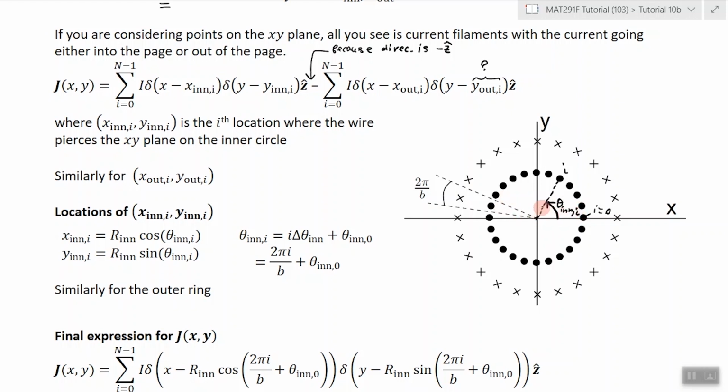And it's located at a distance r inner from the 0, 0 point. This is what I wrote here. So to solve for the x-coordinate of this point, we need to do r inner times the cosine of this angle, right? For the y-coordinate, it's the same thing, but with the sine, because it's vertical. So when we take a projection, we get r inner times sine of this angle.